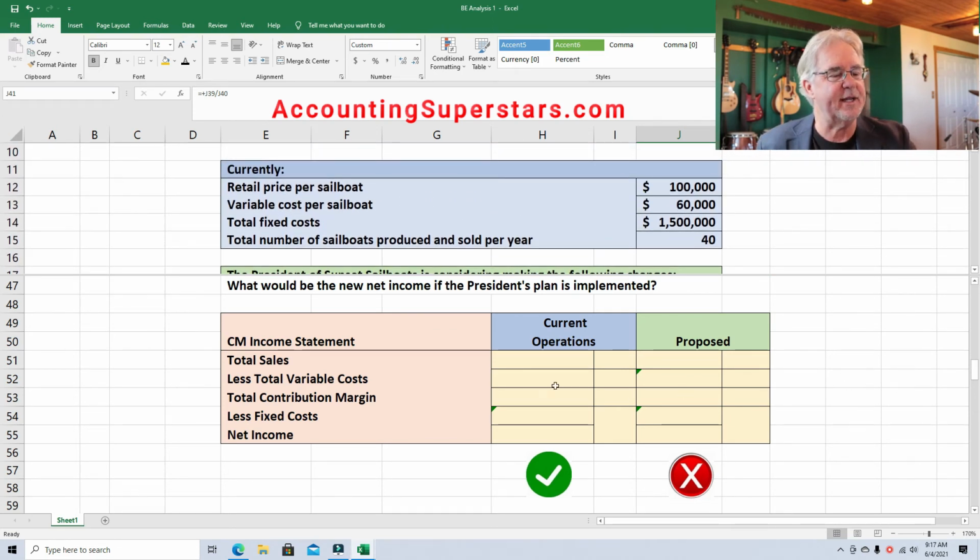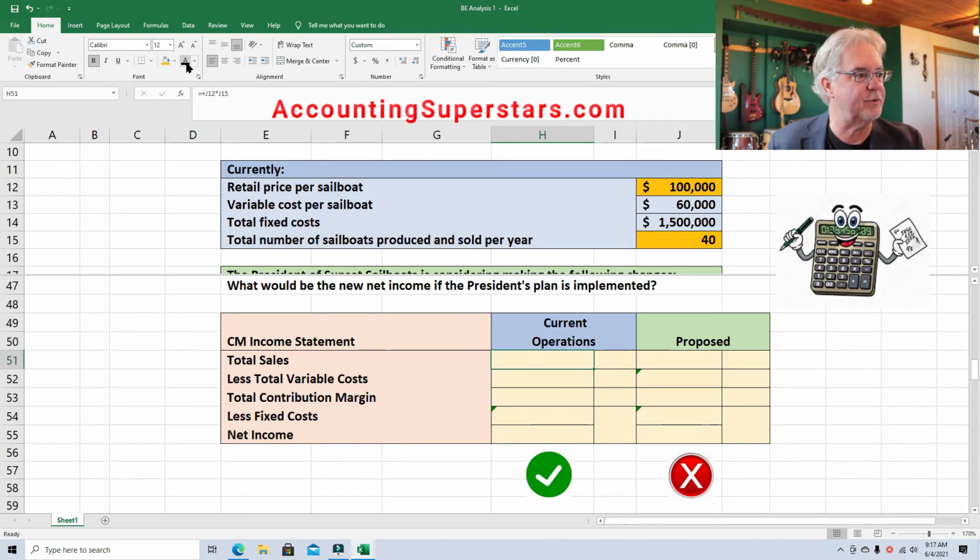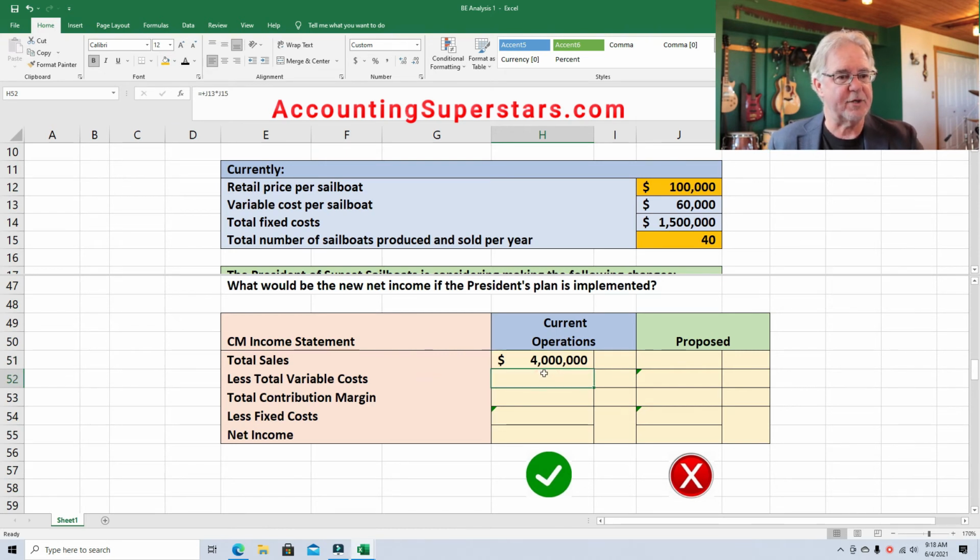Okay, so coming up here to the original information, here's what's going on. Let's figure out the total sales under the current operations. They plan on selling these boats for $100,000 each, and they plan on selling 40 of them. So 40 times 100,000, if you get on your calculator and figure it out, is $4 million. Variable costs: all you do is take the 60,000 times 40 boats, you get 2.4 million.